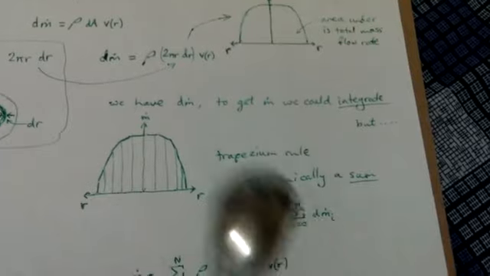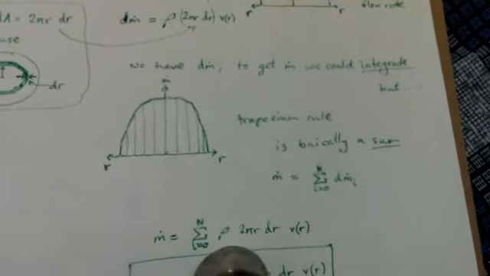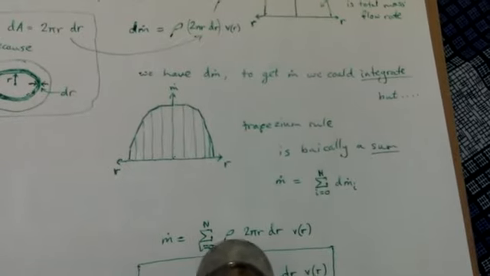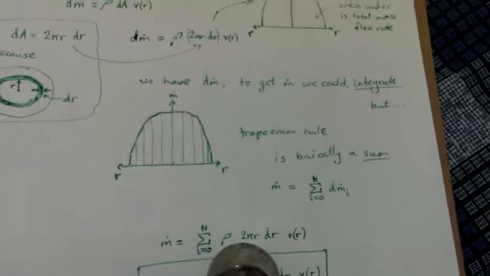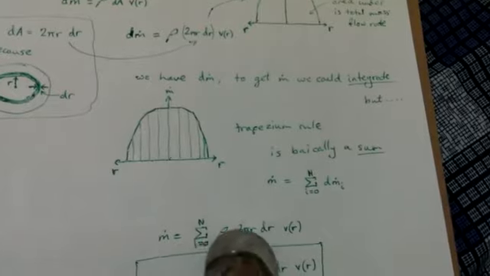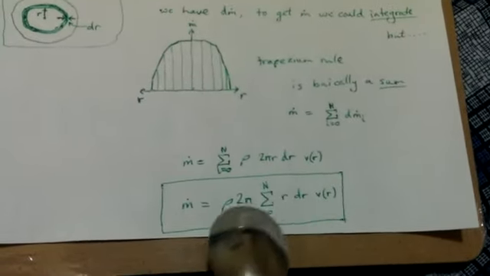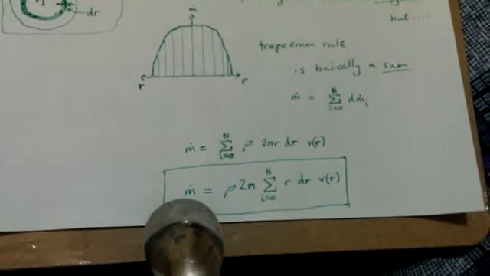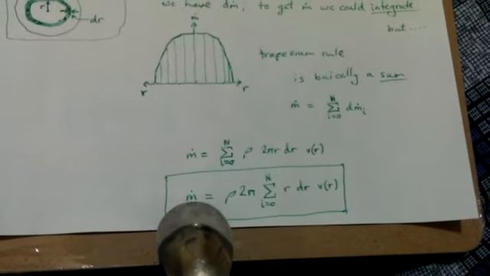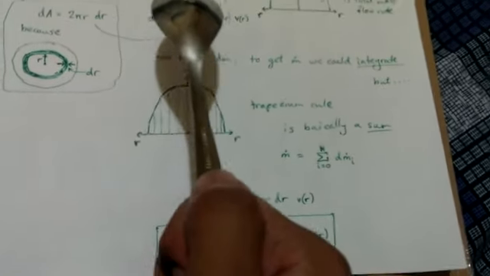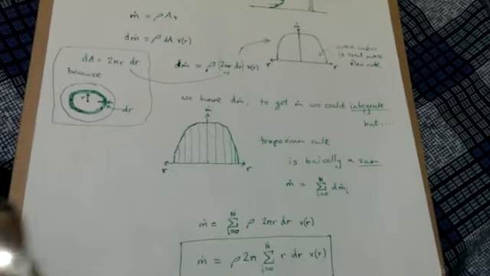And we know this here, dm, we can plug that back in here, from above. Then we can take this rho 2 pi outside of the sum, because that's not related to our r's. Leave all the r's inside there, and we have ended up with the equation for mass flow rate through the pipe using a velocity profile measured using a pitot tube.